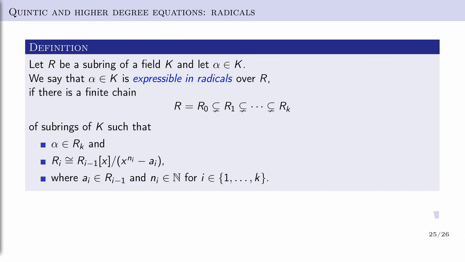In a nutshell, this says that element alpha is expressible in radicals if it can be written as a finite formula which contains plus, minus, times, divide, and a root of degree n, nothing else.